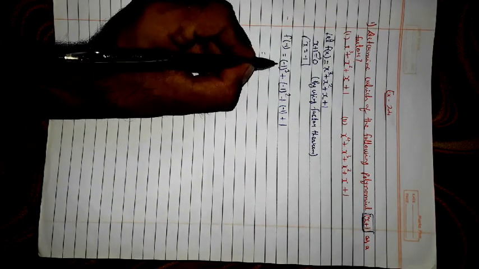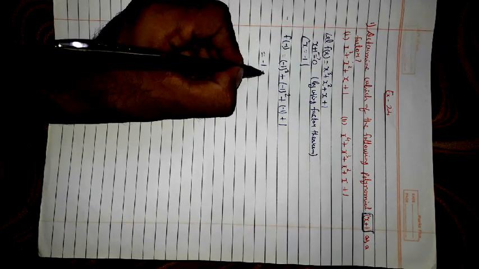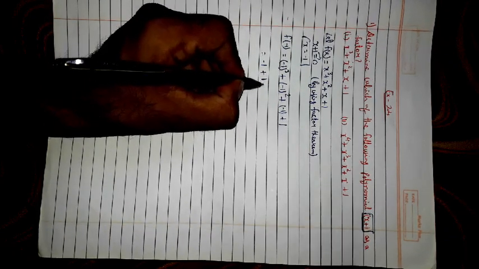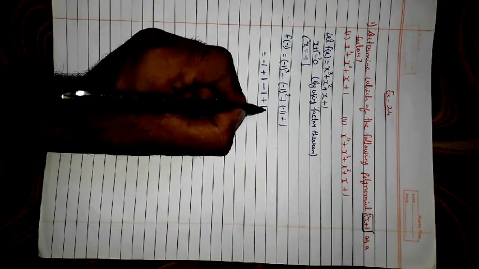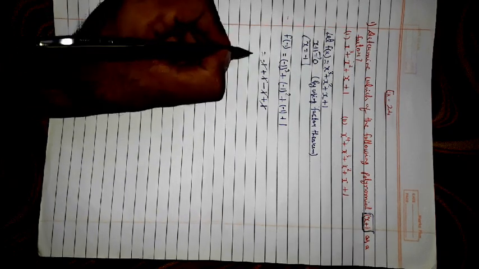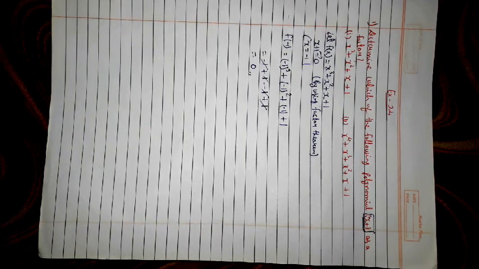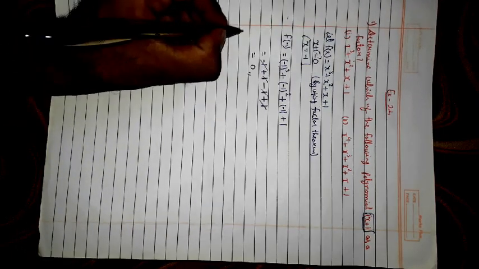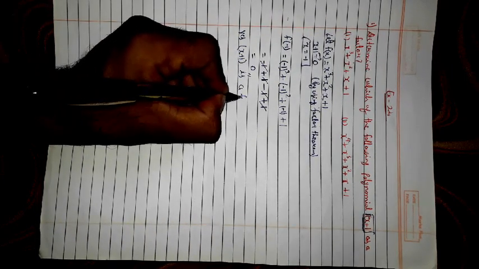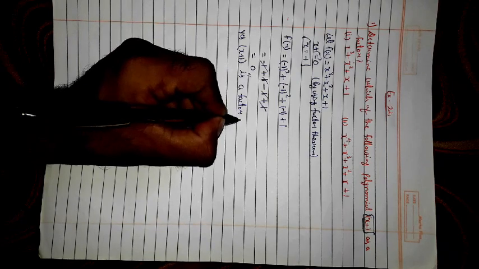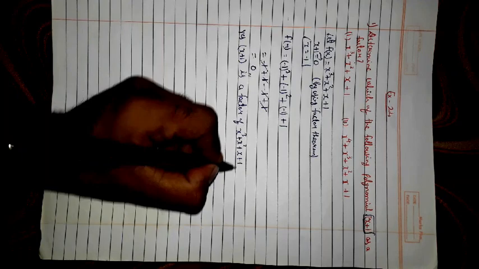Now (−1)³ is −1, then plus (−1)² is plus 1, plus and minus become minus 1, and finally we have 1. So −1 + 1 − 1 + 1 cancels out, and finally we have 0. So here we got 0. So yes, x plus 1 is a factor of x³ + x² + x + 1.